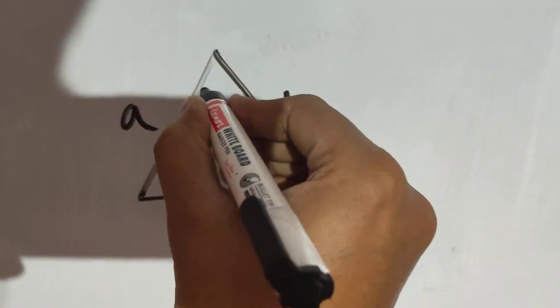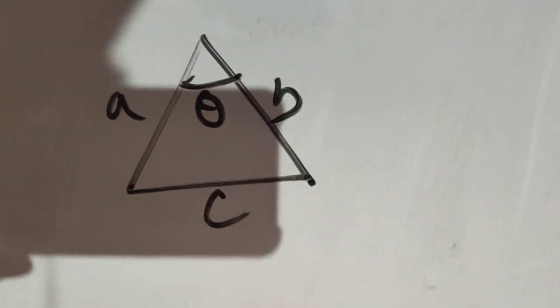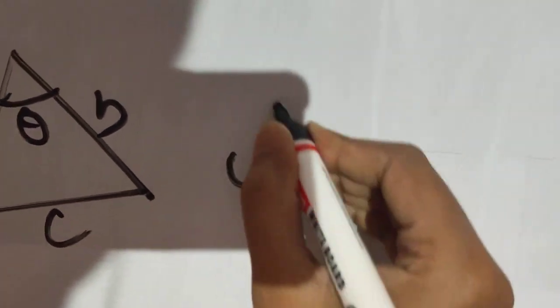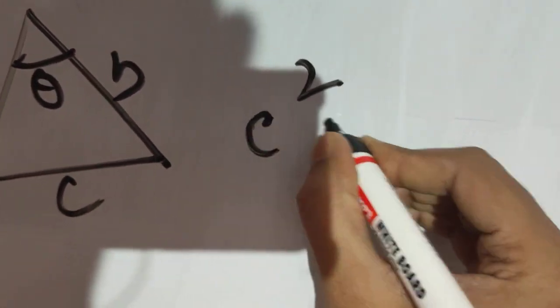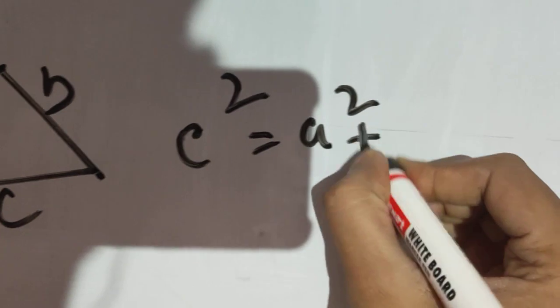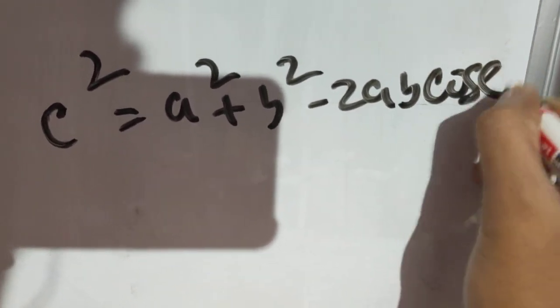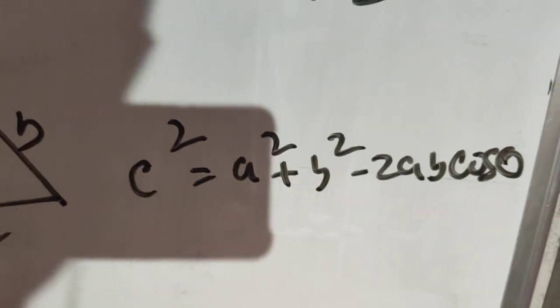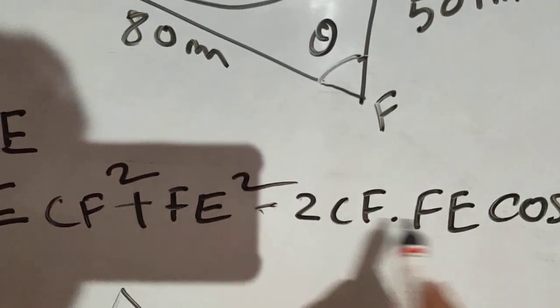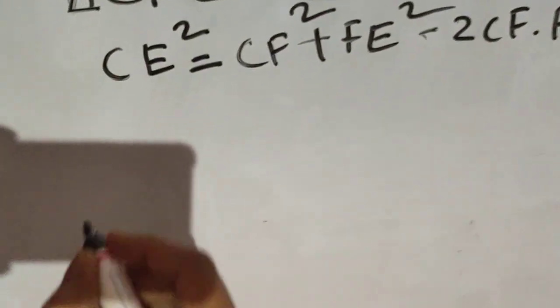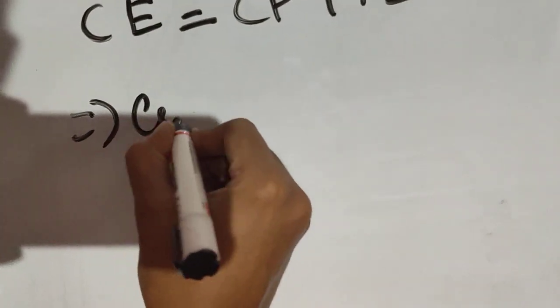I am repeating the cosine rule for you. Suppose this angle is theta. Then by applying cosine rule, c square is equal to a square plus b square minus twice ab cos theta. The same rule we are applying here. Clear? So we can easily find out the value of cos theta from this.